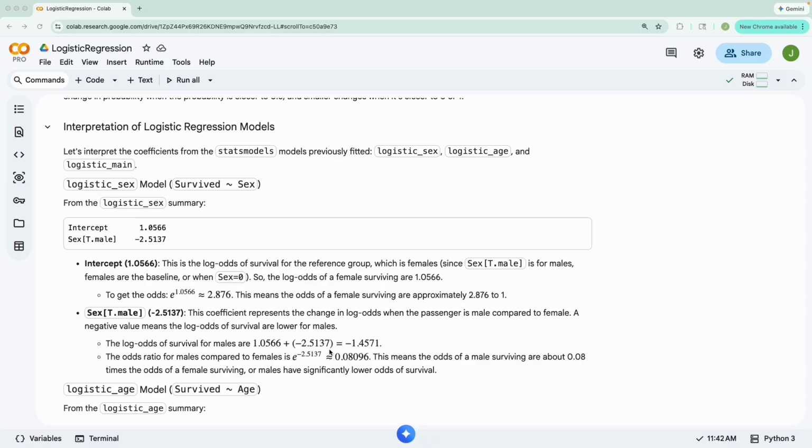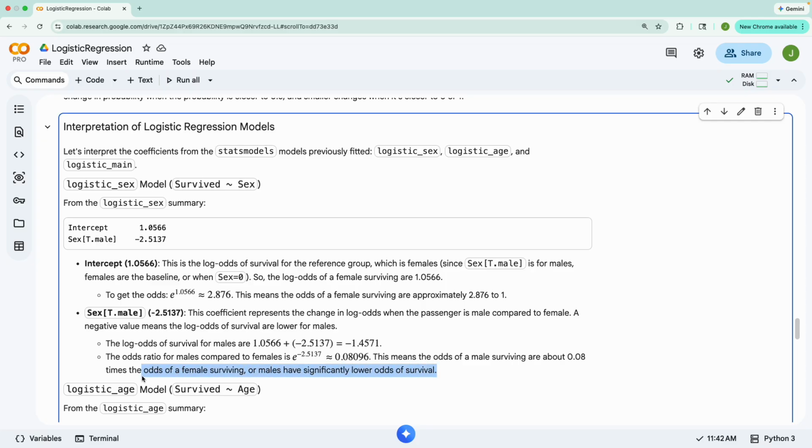The odds ratio for males compared to females is 0.08. And this is the really important part, this is what I expect and I like to test on. This means the odds of a male surviving is about 0.08 times the odds of a female surviving on the Titanic.